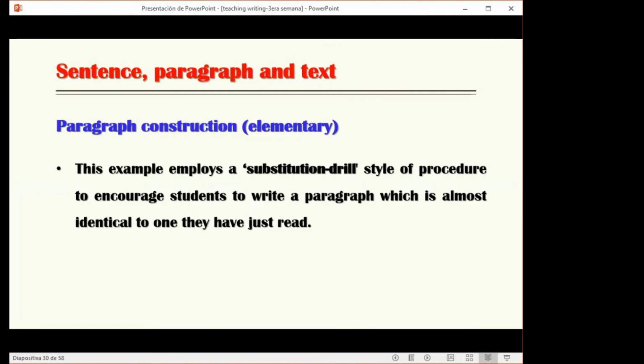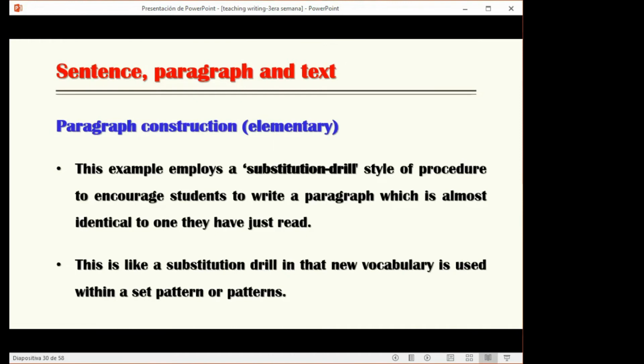It's a procedure to make your students write a paragraph almost identically to one they have seen before or have just read before. This is like a substitution drill in that new vocabulary is used within a set pattern or patterns.